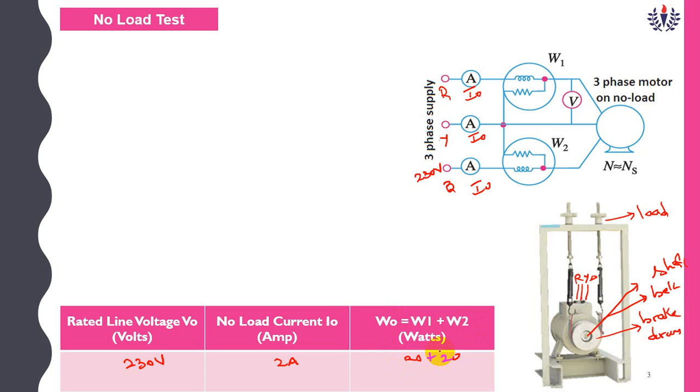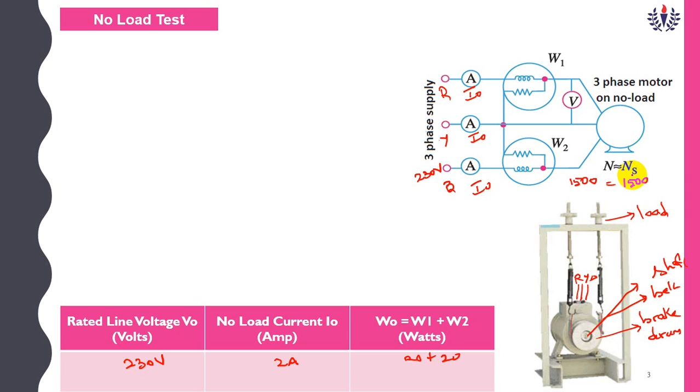The voltage we can also measure, that is the no load voltage 230 volt. The machine will be running. When the no load test is taken in the laboratory, we have to maintain NR equal to NS. NS value is already fixed at 1500 rpm by the manufacturer, and NR should also be 1500 rpm, which will be almost equal. That concept is nothing but the no load test.